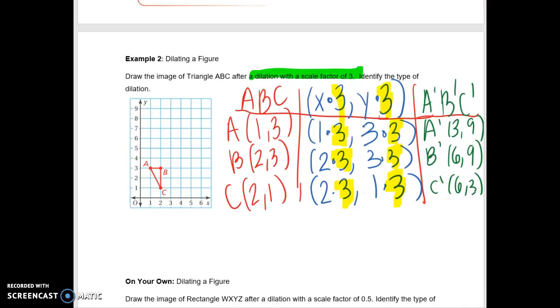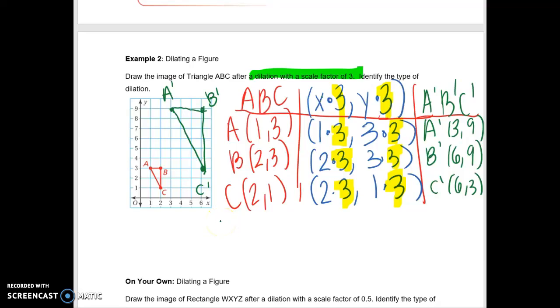Go ahead and graph these. So 3, 9 is my A prime, 6, 9 is B prime, and 6, 3 is C prime. So you can see, like we talked about on the page before, it's hard to draw straight lines on here. Whenever you're multiplying by a scale factor that is larger than 1, it is an enlargement.